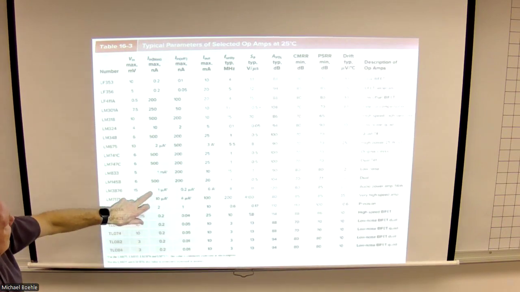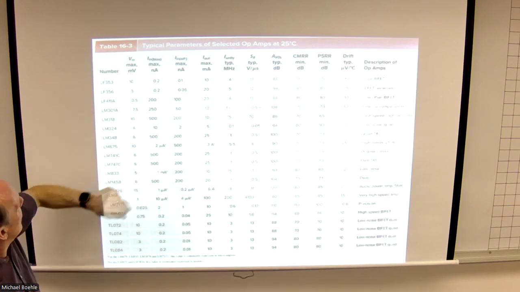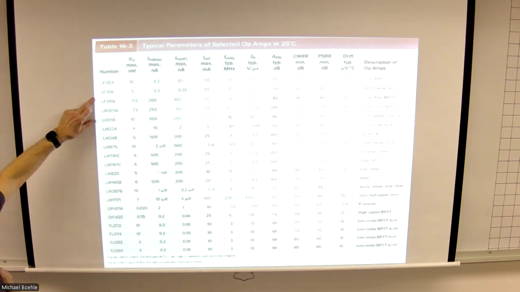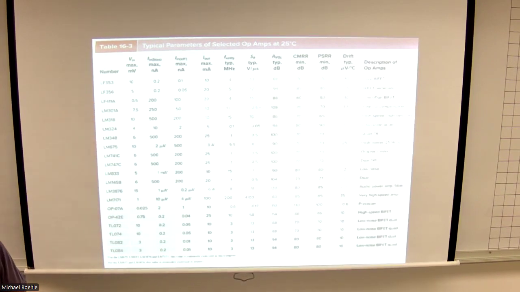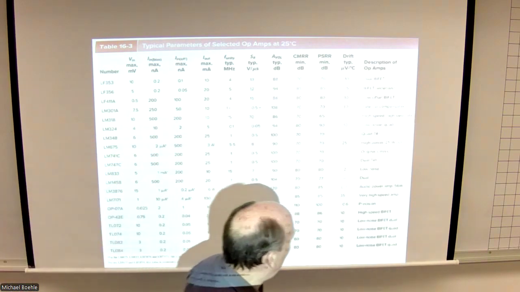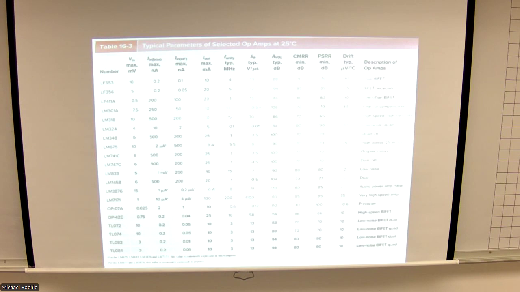Then get down to the microamps down here. Oh, that's pretty high, actually. This is nanoamps. I guess they don't have the LM159 on here. That was the one that was in picoamps. But you've got all the different things you can look for. Any questions on all this? Good.